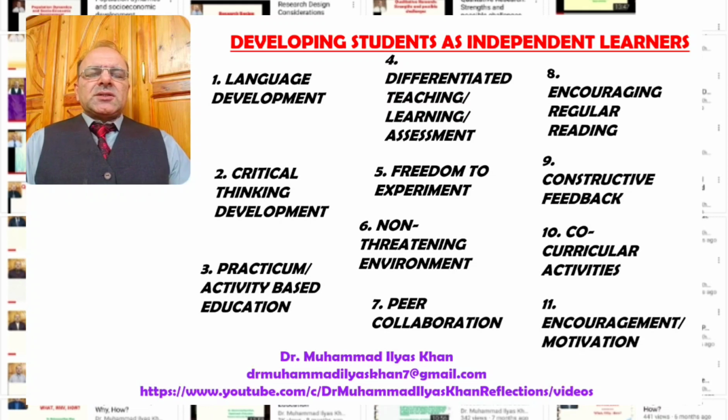As a result, reading is a very important way for students to become independent learners. So schools need to develop an environment of intensive and extensive reading.